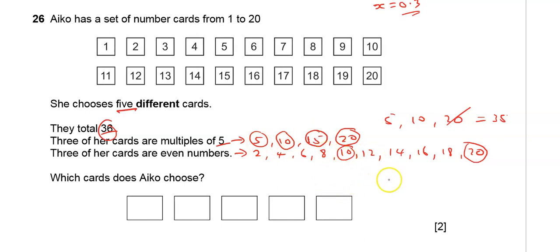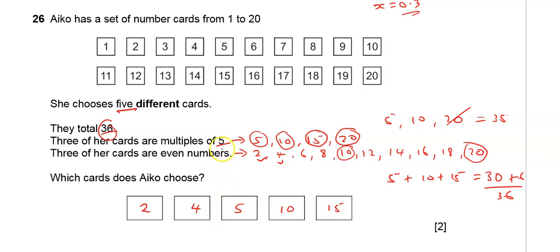Okay, so 5 plus 10 plus 15 gives us 30. And we need 36. So we can go for 2 and 4. 2 and 4 give us 6. So 36. So 2, 4, 5, 10, and 15.